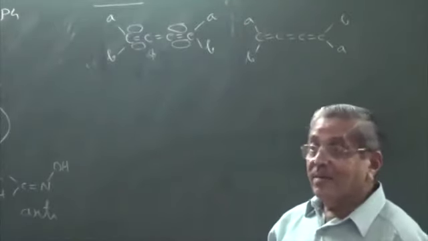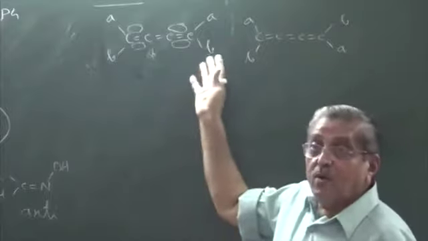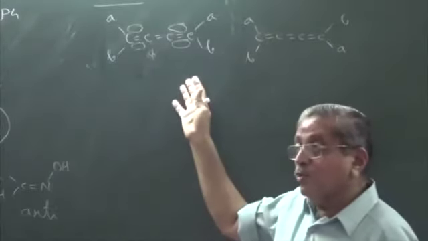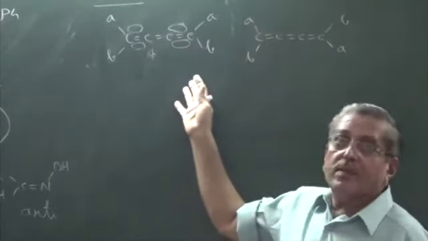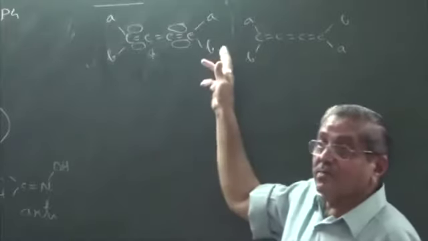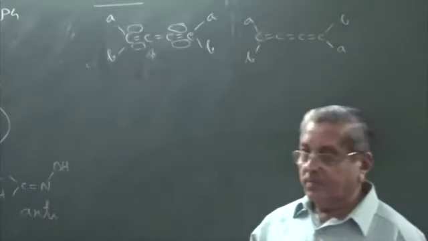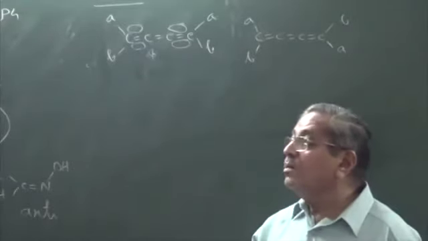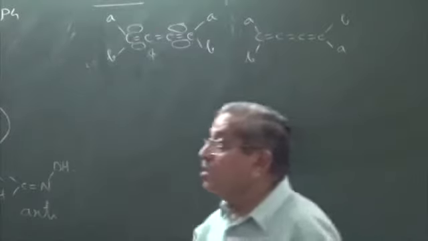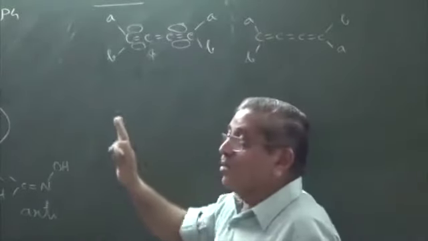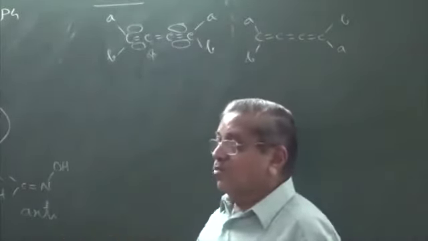So, allenes containing an odd number of double bonds show geometrical isomerism, provided terminal carbon atoms are linked to different atoms or groups. If it is even, we are not considering it now. We will come to that. Don't be in a hurry.